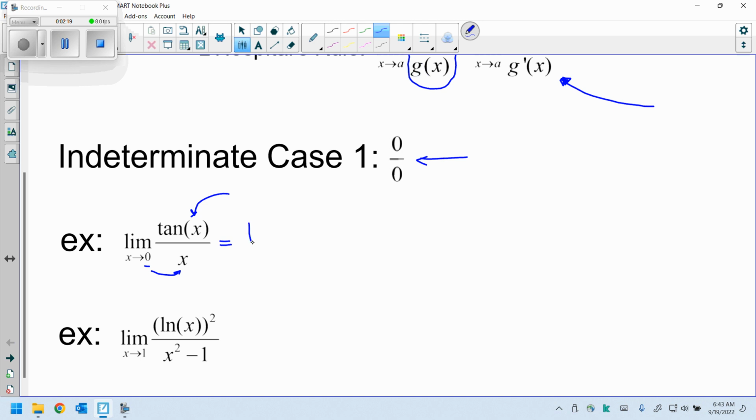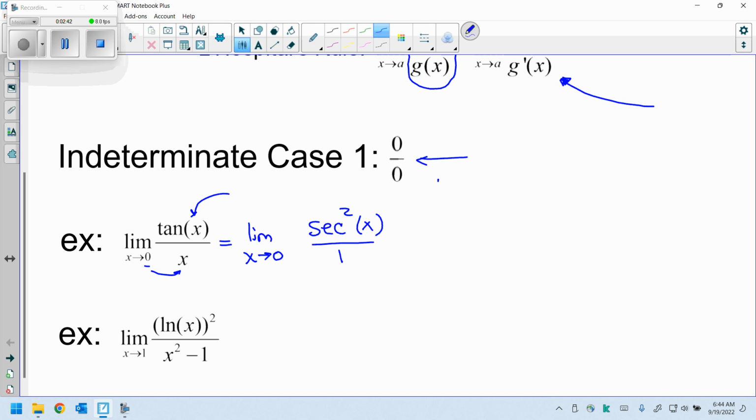Let's take the limit as x approaches 0. Nice rational function was given to us. Derivative of the top, secant squared, divided by derivative of the bottom. And now what is the secant of 0?